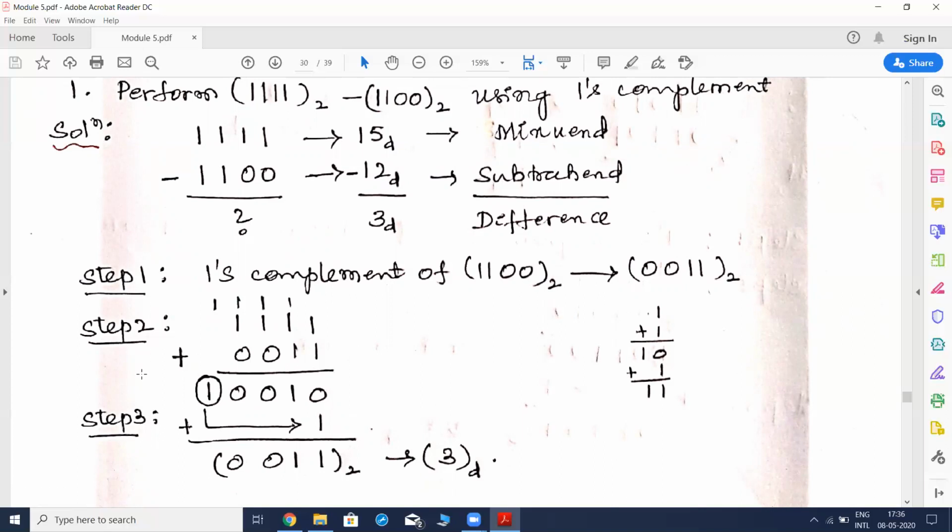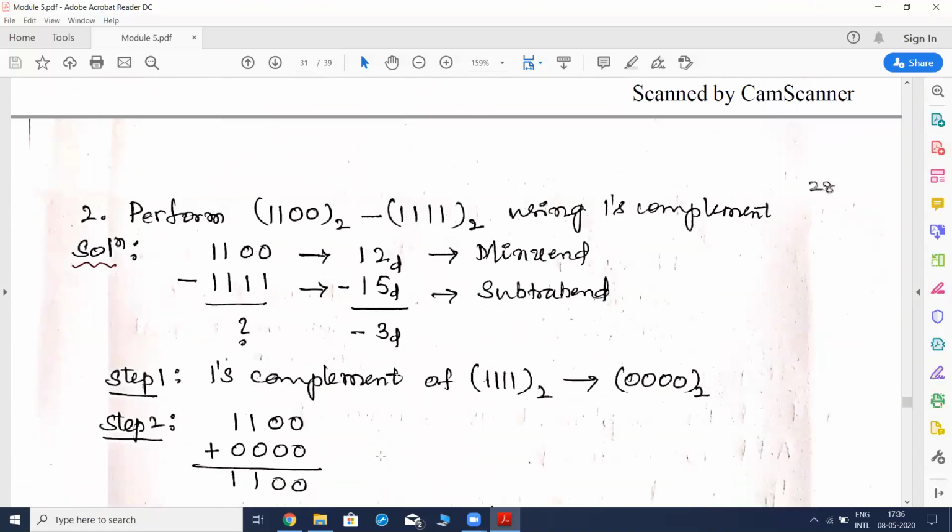If the number of digits are more, then there is a carry that is being generated. So perform end around carry. That means that one must be written at the LSB and perform the addition. Thereby you will get the correct result. So here in our problem it is 0 0 1 1.